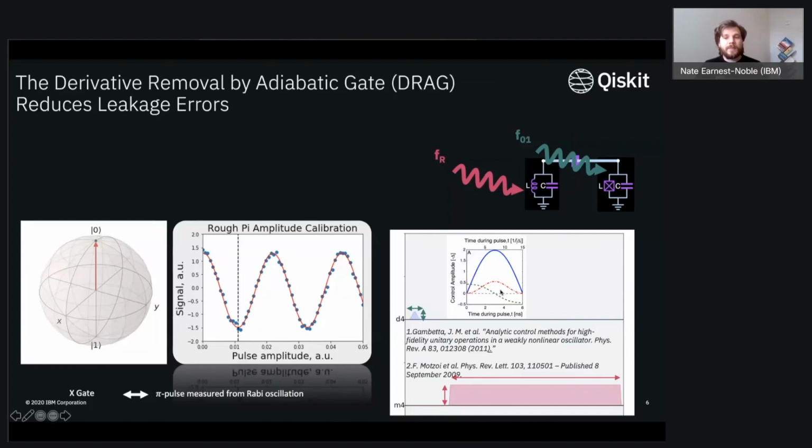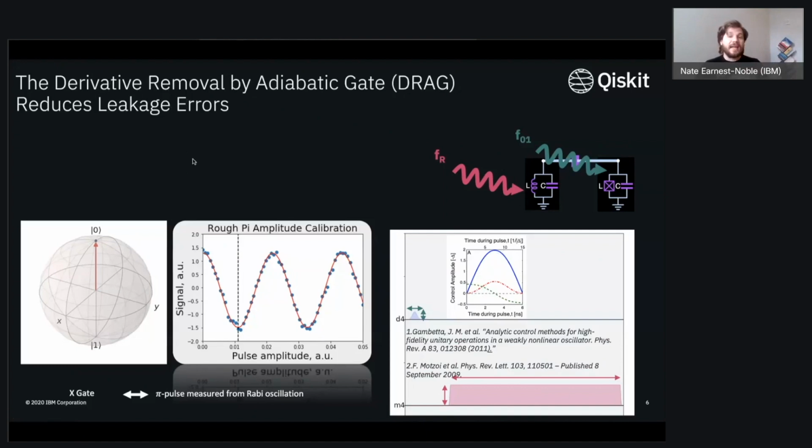What this basically says is that you have some Gaussian pulse, and on top of this Gaussian pulse you add in a component that is proportional to the derivative of that Gaussian, namely the D in DRAG. With this you can actually suppress leakage errors into your 2 state.